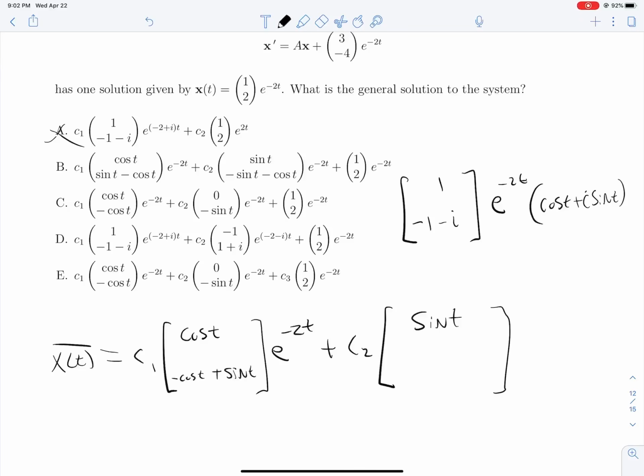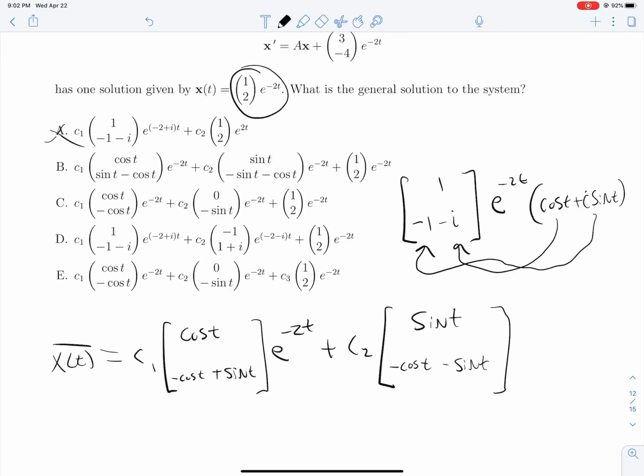And then what about the bottom? How are we going to get an imaginary value? Well, if we multiply cosine into that negative i, we'll get negative cosine of t. And if we multiply i into this -1, we'll get negative sine of t.